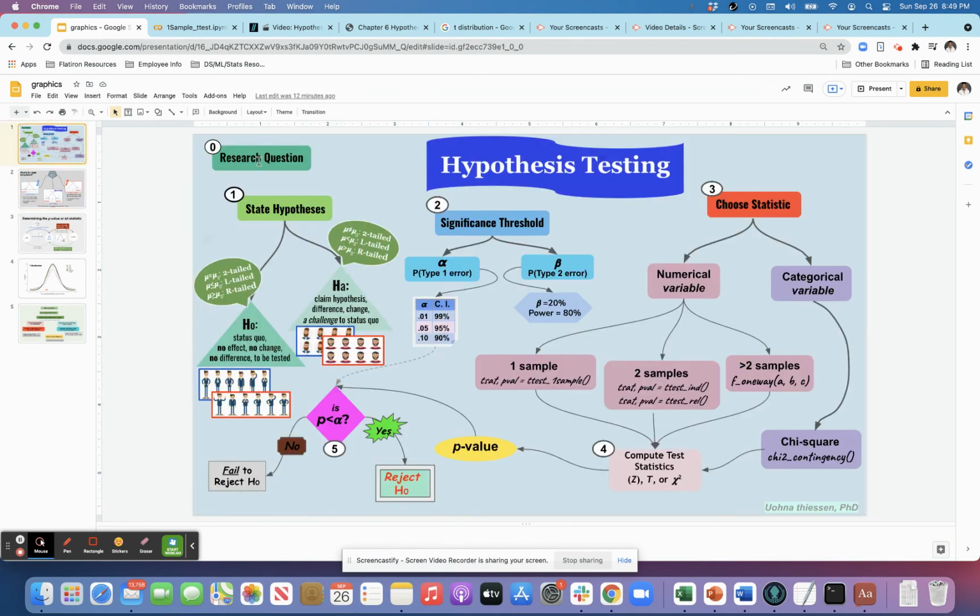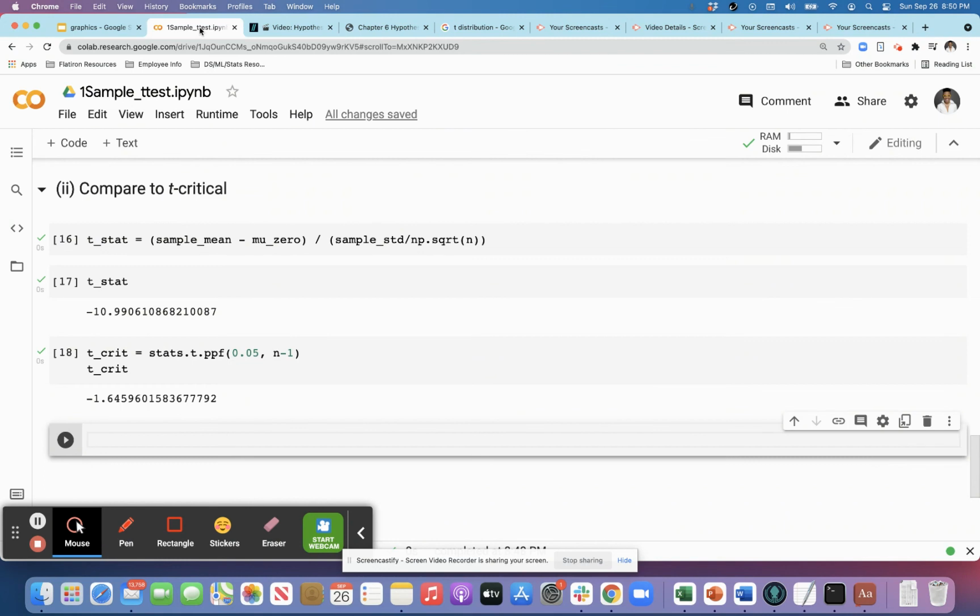We followed the steps: we stated our hypothesis, we got our alpha, and then we ran our one sample t-test, from which we got the t-stat and the p-value, and we compared the p-value to the alpha that we had established. We also compared the t-stat to the critical value. In both cases, we saw that it was indeed an extreme value, and so we must reject our null hypothesis.